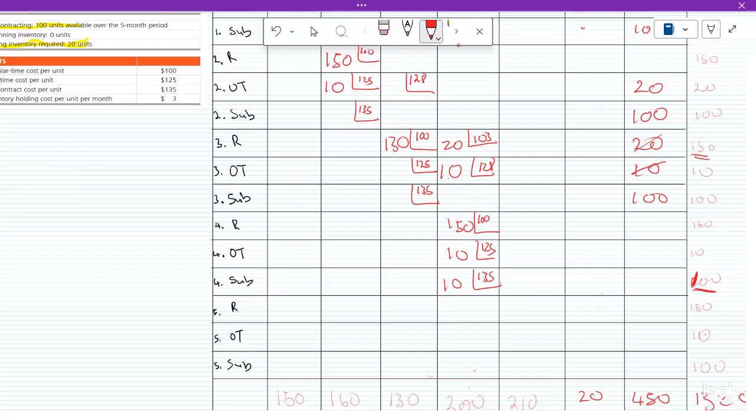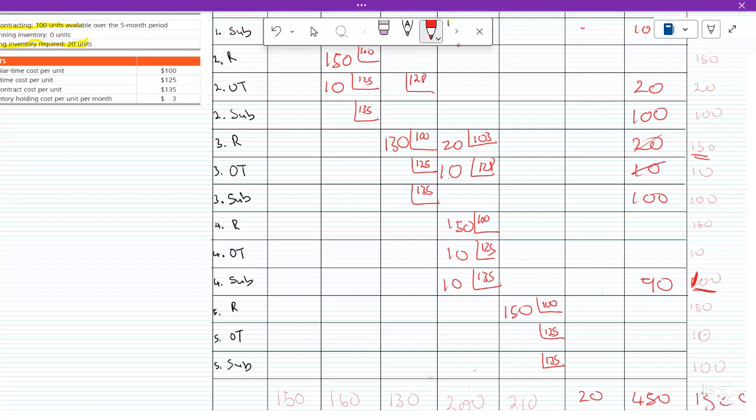A 10 will come here, and this one is going to be remaining as a 90 because a 10 comes from there. Right. Then almost everything is occupied as we are going to period 5. Almost everything is used up. So for the 210 now, 100, 125 and 135. So 150.